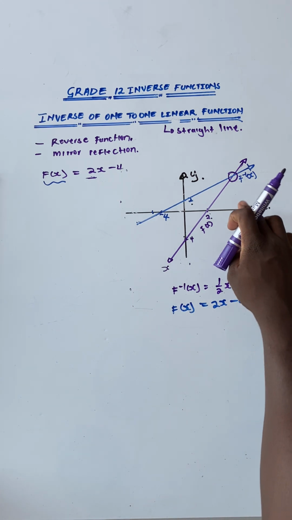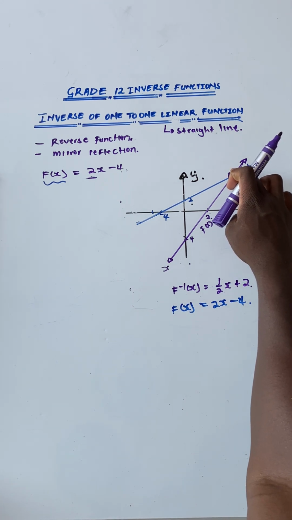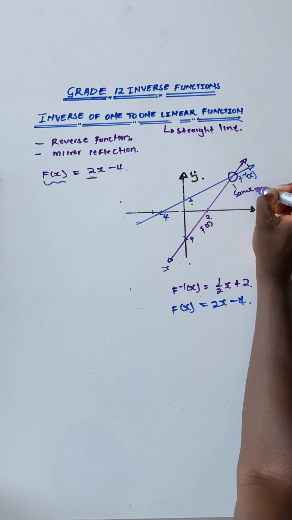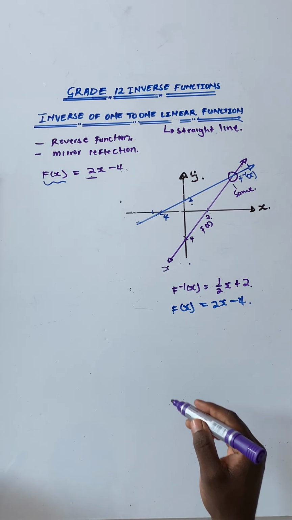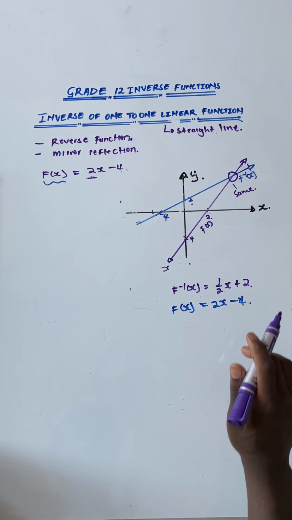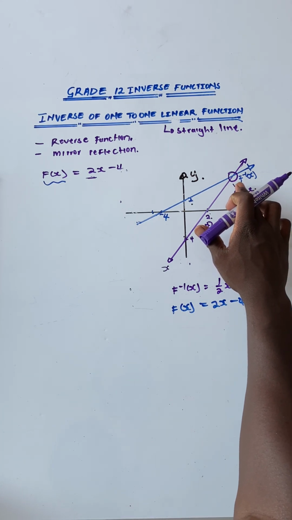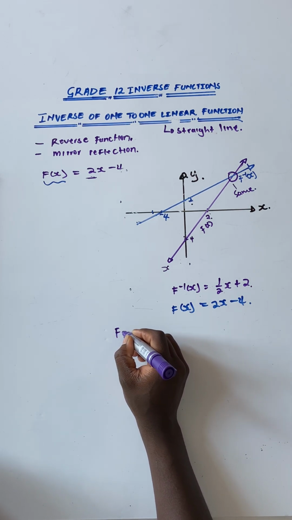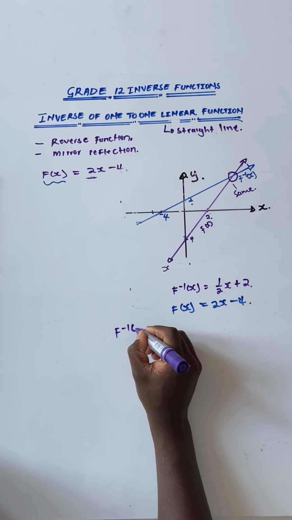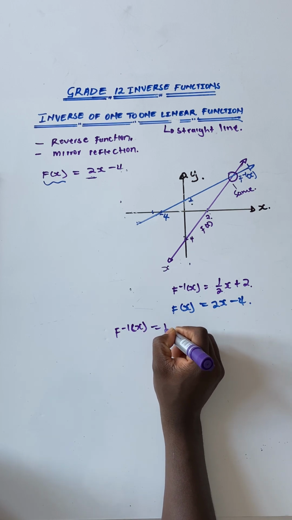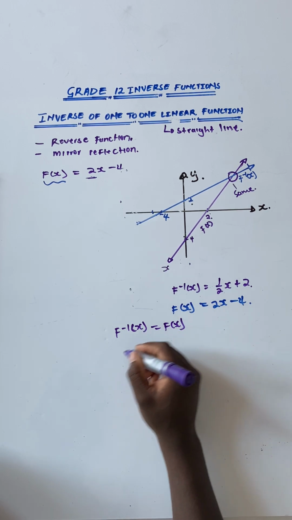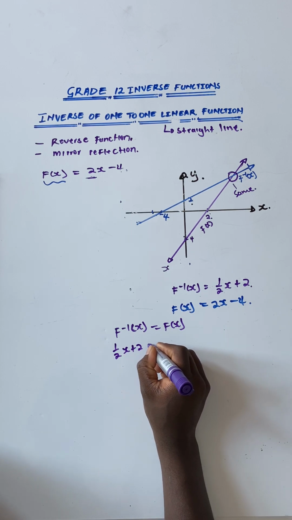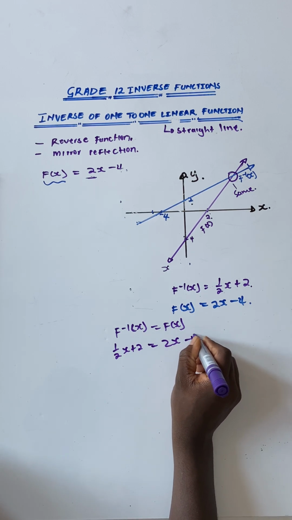At that point exactly, the graphs will share the same coordinates because they are touching. Thus, we are allowed to equate the graphs, because at this point the graphs will also be equal. So we are allowed to say at that point of intersection, f inverse of x will be equal to the original f of x. In other words, 1 over 2 x plus 2 will be equal to 2x minus 4.